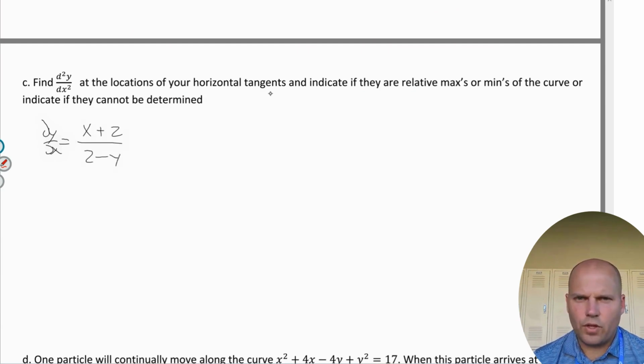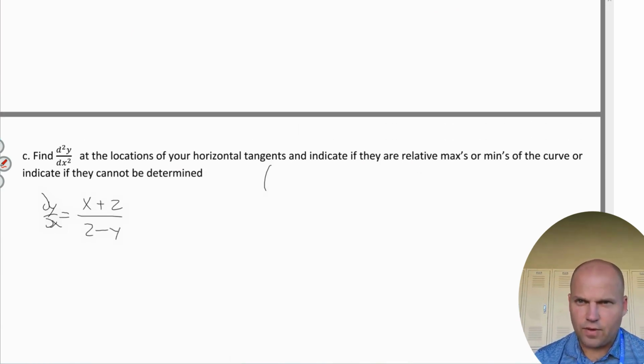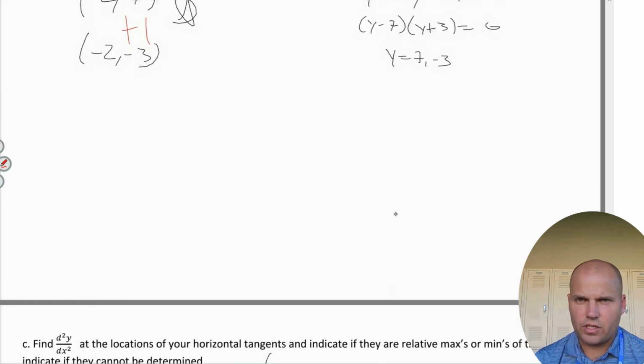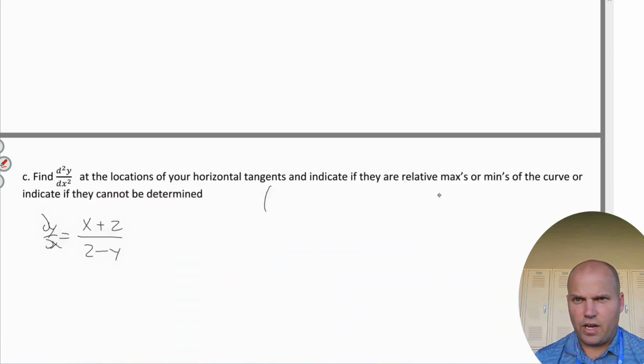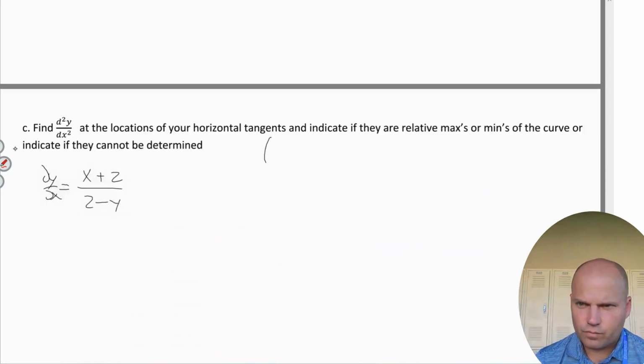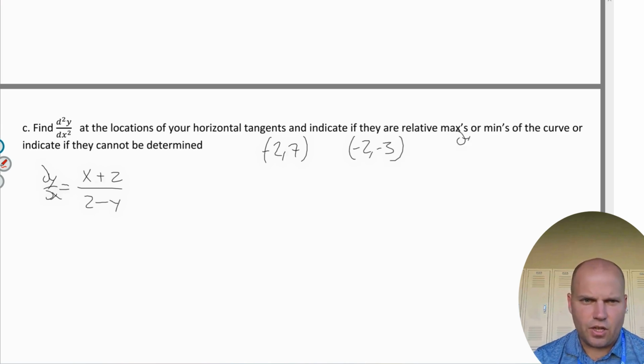We are looking for them at the locations of our points where we have horizontal tangents. Negative 2, 7, and negative 2, negative 3. We know they're horizontal tangents, so that we know the dy dx's are 0 at those locations, so that's good.